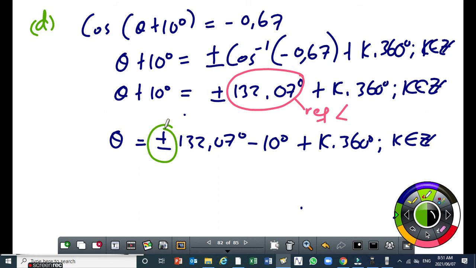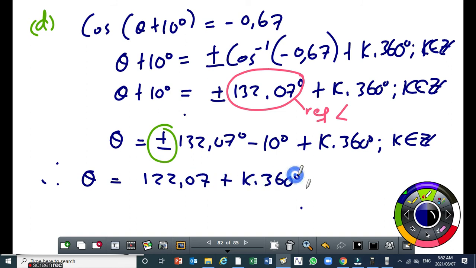So let me take the positive and subtract 10 from it. In this case now, it will be better to split this equation into two, because of that plus or minus. So if I take the positive 132, I'll get 132.07 minus 10, I'll get 122.07 plus k times 360 degrees, where k is an integer.